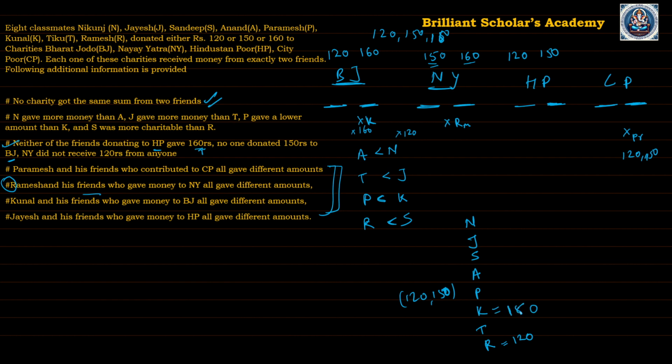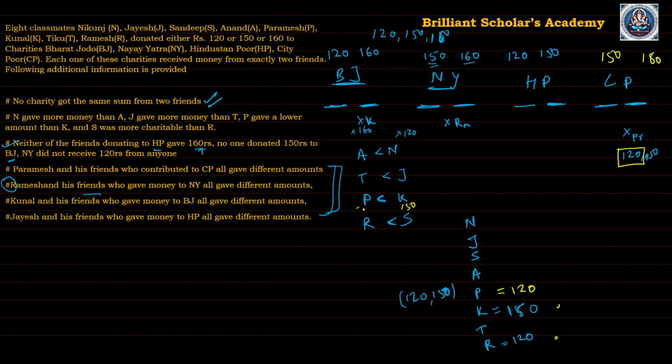Now here I got one very beautiful realization. Look at this. I got money for two of them. Kunal is giving 150 rupees and it is more than Parmesh. So Parmesh must be giving 120. I just confirmed this. Now because Parmesh is giving 120 and his friends are giving to CP, which is not same as Parmesh, so they must be receiving 150, 160 rupees. Reread that part.